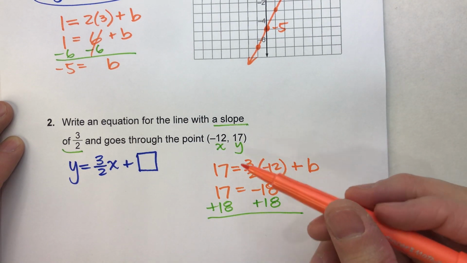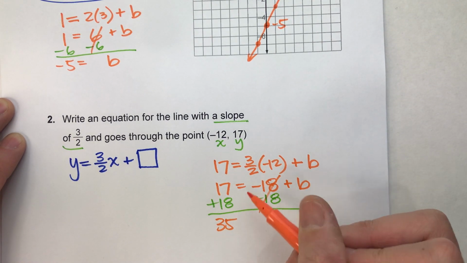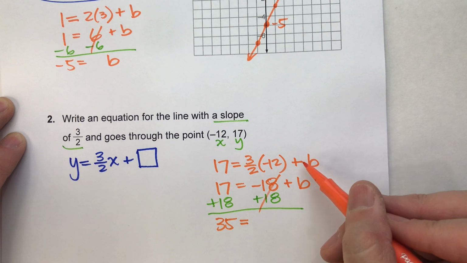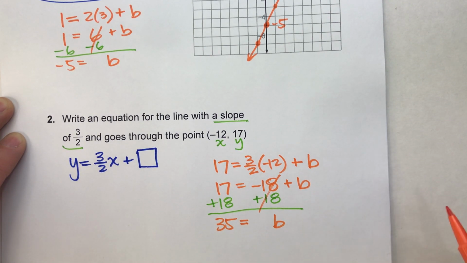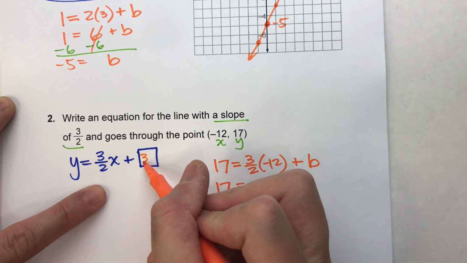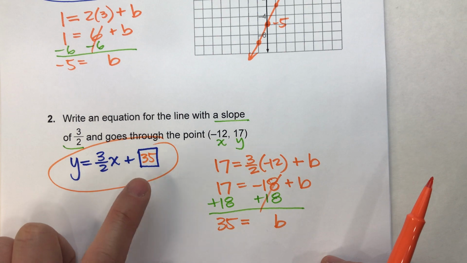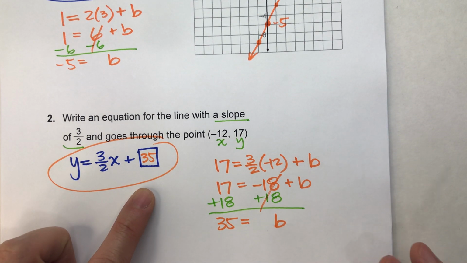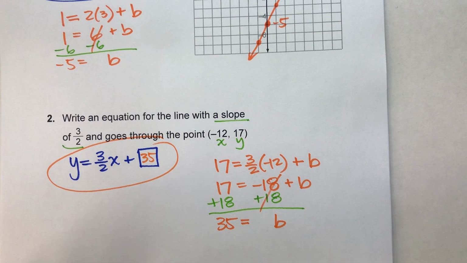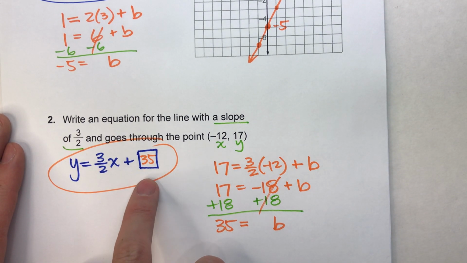When I do that, these undo each other. 17 plus 18 is 35. Equals drops down. And the only thing left on the right side is b. And guess what? That's our y-intercept. So now we know our equation. y equals 3 halves x plus 35. Okay? And notice, if we wanted to have made the graph for this one to find the y-intercept, that probably would have taken us a while since the y-intercept's 35.